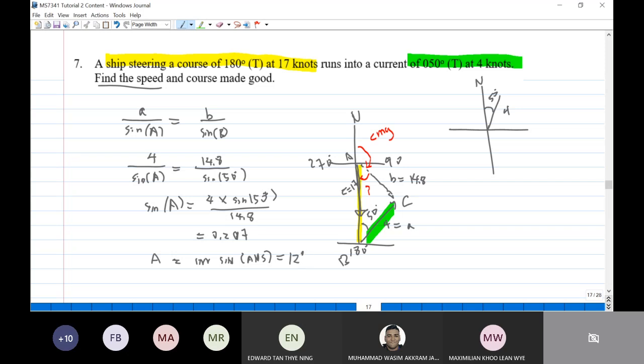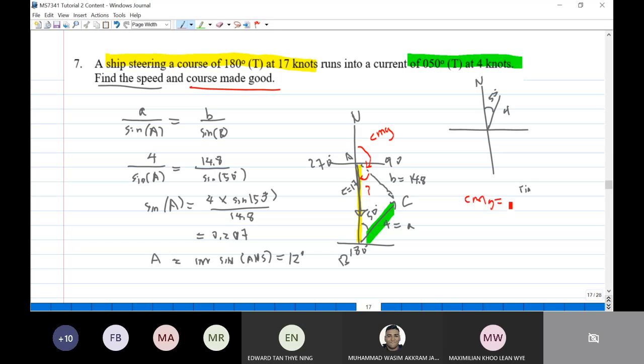So if you know that it is 12 degrees, what is the bearing now? So the new bearing in this case, or the course made good, I put here. In this case, I use a red color here. Course made good. Okay.